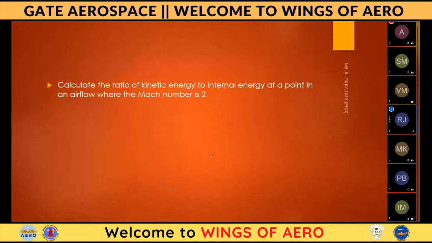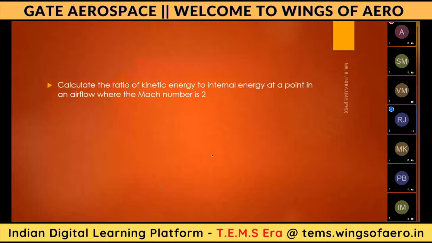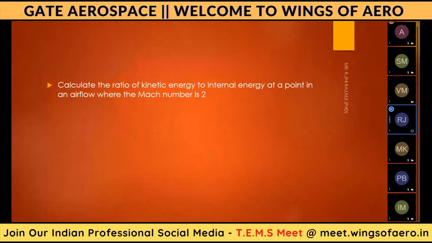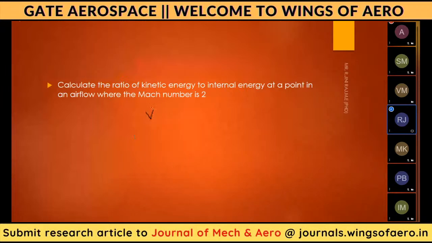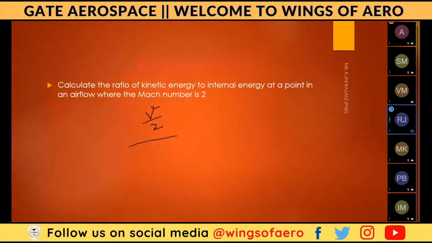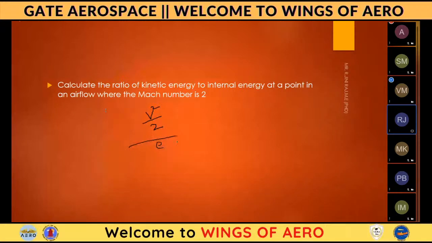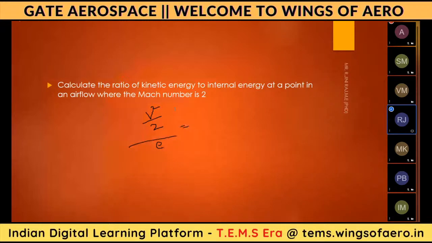Kinetic energy is V squared by 2 and internal energy is U. The ratio is V squared by 2 divided by internal energy, U or E. Here we mentioned E, so I am mentioning E. You need to find the value of this ratio if the Mach number is 2.